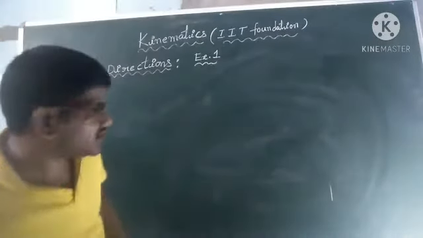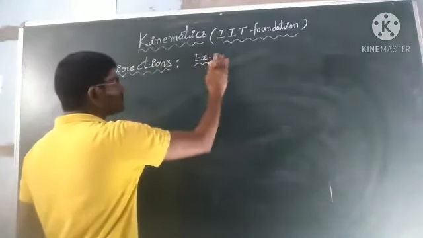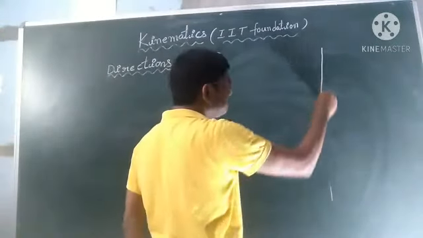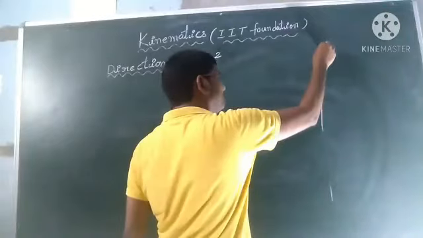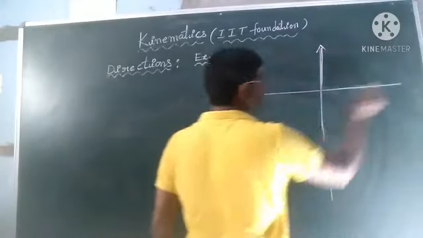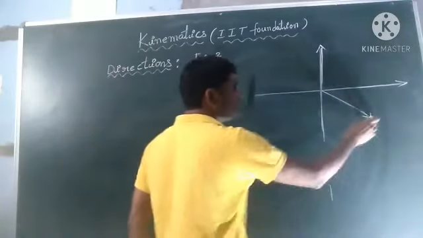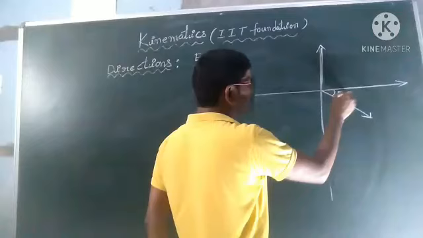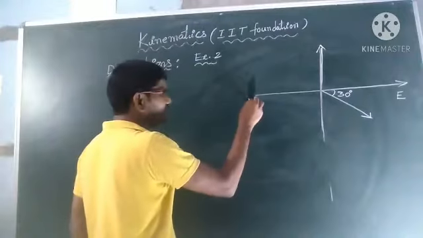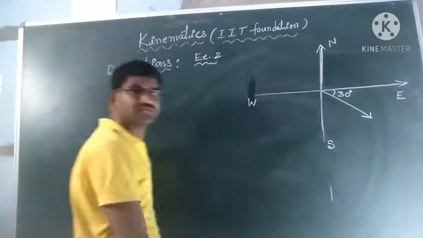So fine. Now see, my dear students, second example. This is a vector, this is some displacement, and this angle I gave for you is 30 degrees. We know this is east, and we know west, north and south.